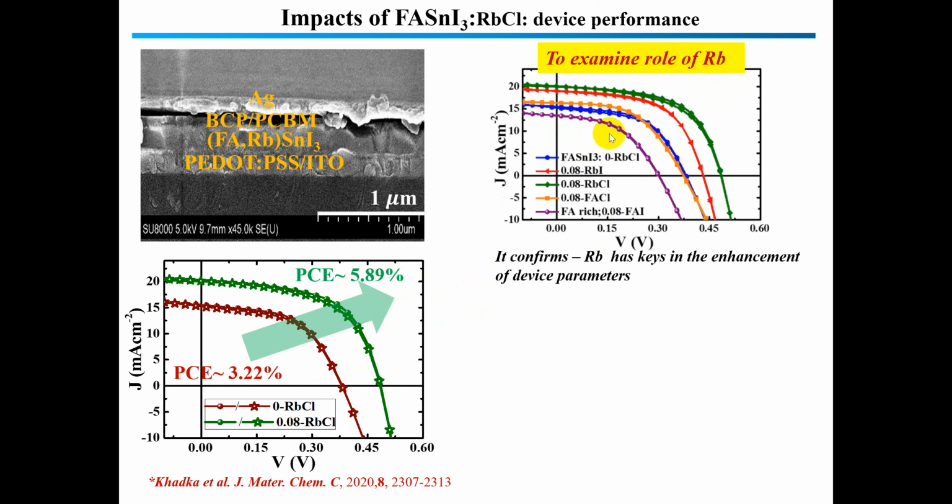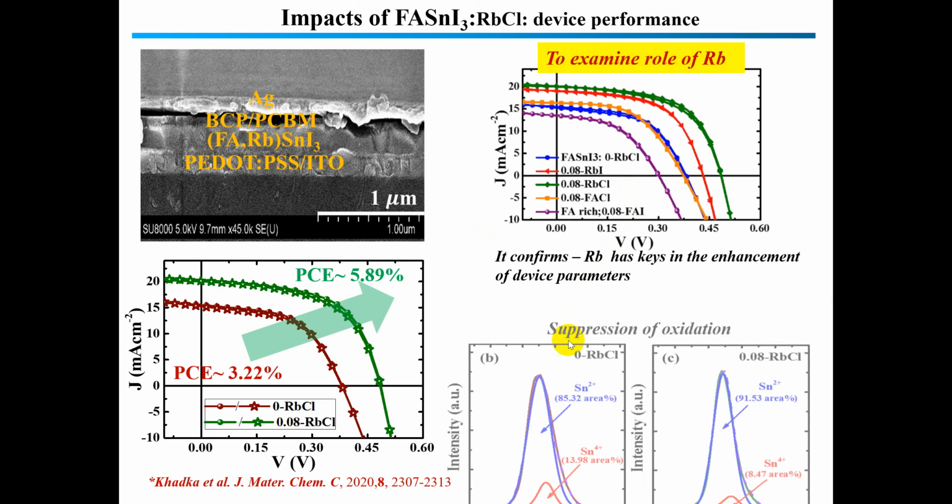We also tune the material property using the rubidium halide derivative and a ferromedium halide derivative, and this result confirms that rubidium has a key role in the enhancement of device parameters.